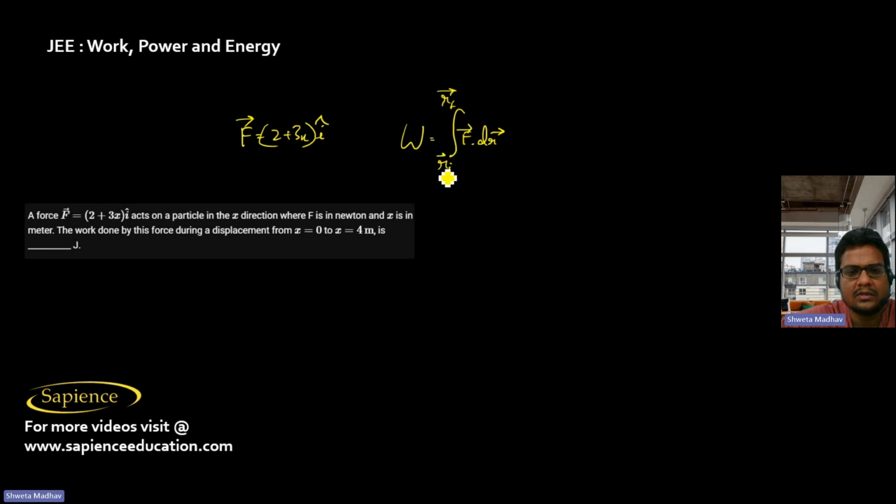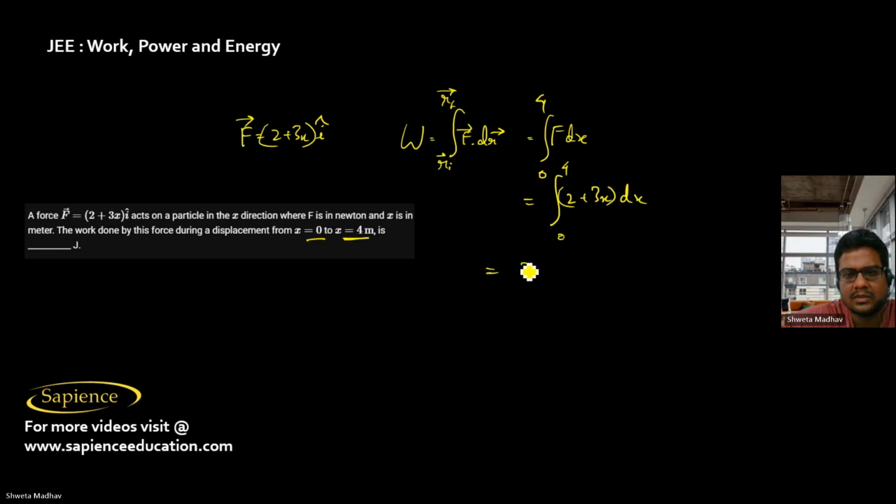Now here it is acting only along the x-axis, so I will say that it is equal to the integral of F dx from 0 to 4, since here x initial is 0 and final x is 4 meter. So this will be the integral of (2 + 3x) dx from 0 to 4. The integral will be 2x + 3x square by 2, from 0 to 4.